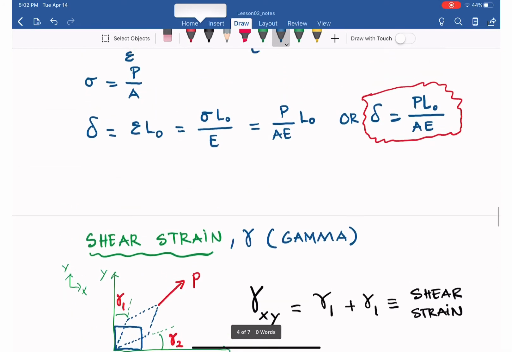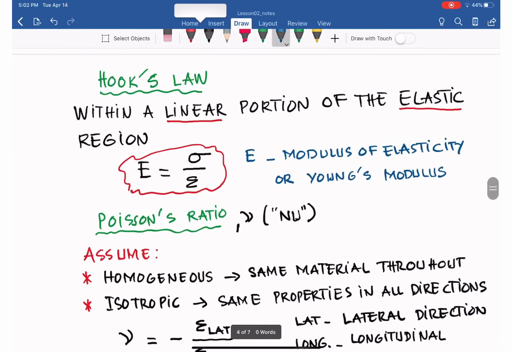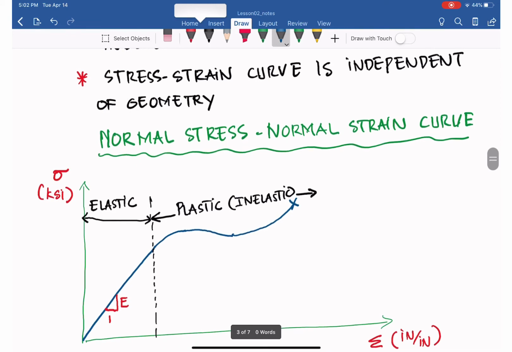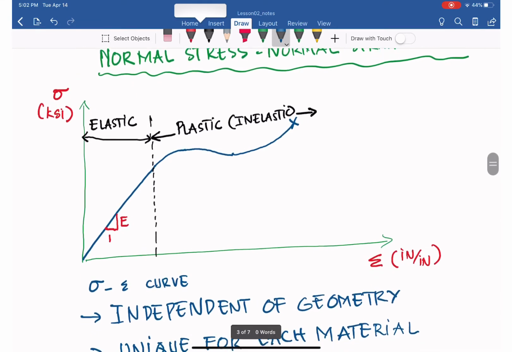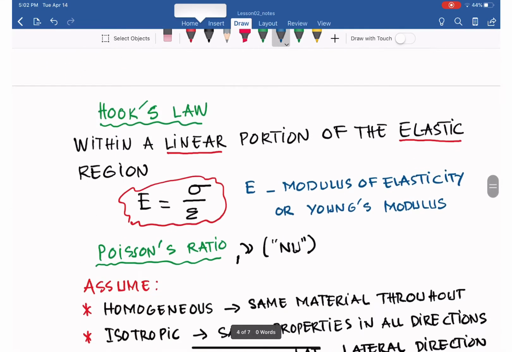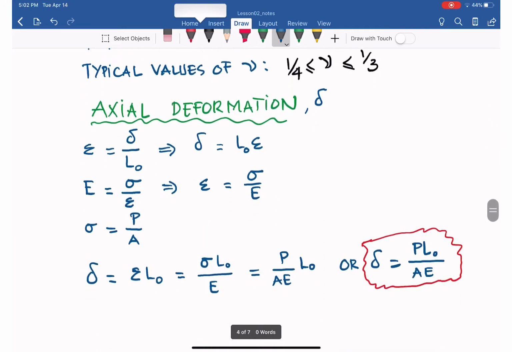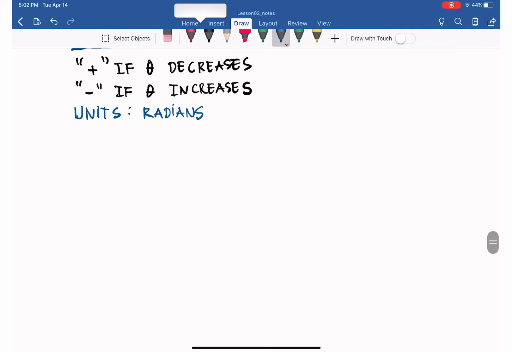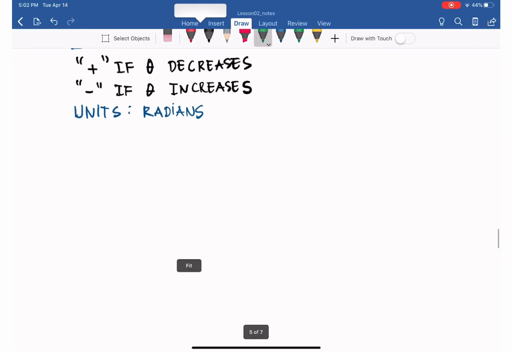So similar to after you study normal strains, we have the normal stress and normal strain curve, and that is unique for one material. The same applies for the shear stress and shear strain curve. So let me draw that out here. It will have the shear stress, shear strain curve.